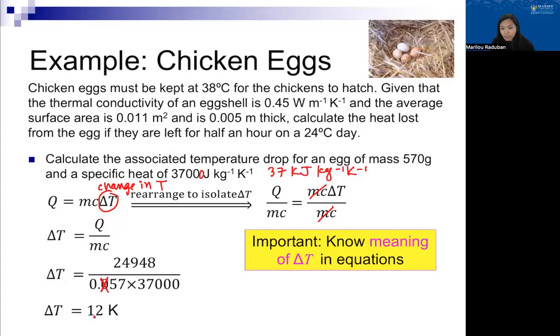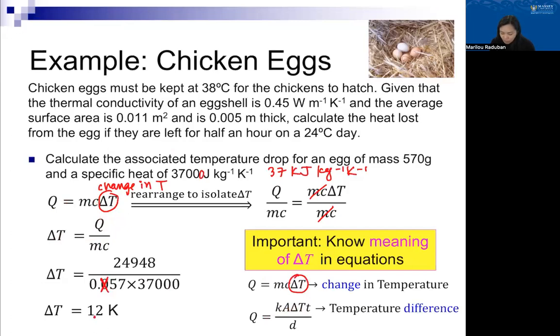It's important to know the meanings of delta T in equations. They can mean different things. Delta T in Q equals MC delta T and delta T in the conductivity equation mean different things. In the first equation, delta T is the change in temperature as a result of heat transfer.